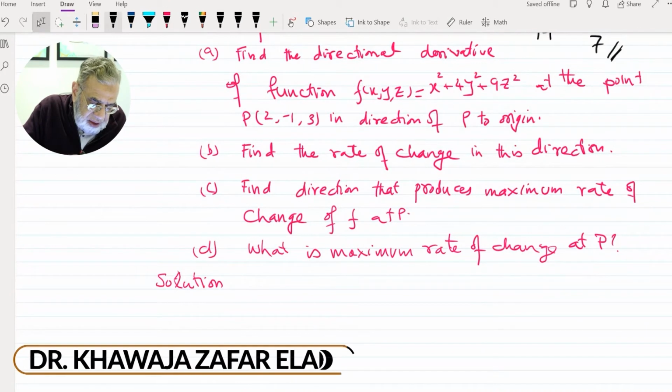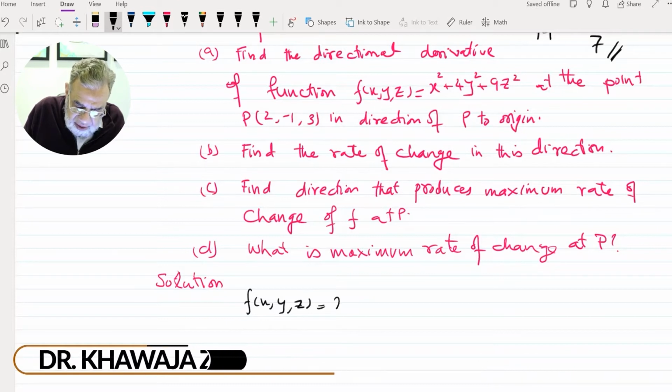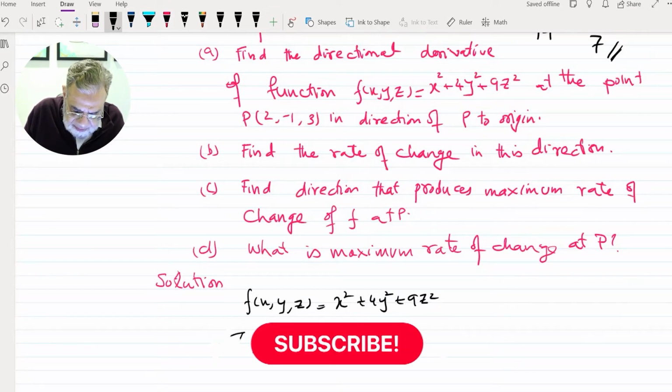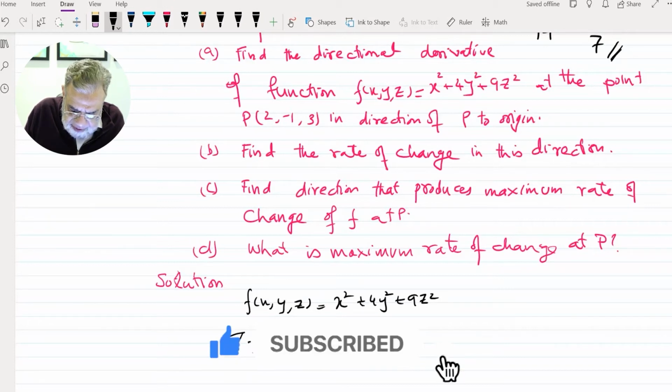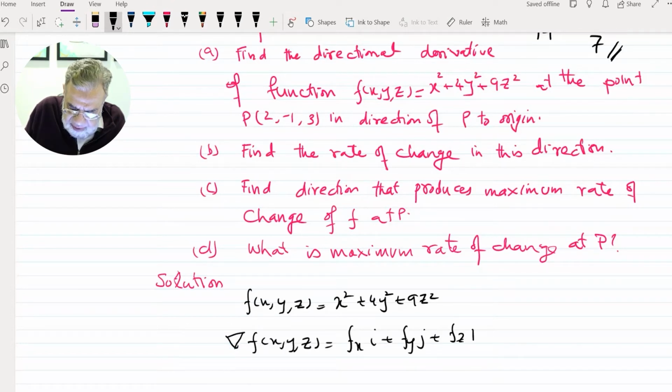The solution of this one: we have the function f(x, y, z) equal to x² + 4y² + 9z². I find the gradient of the function at the point (x, y, z). Our gradient function is f_x i + f_y j + f_z k.